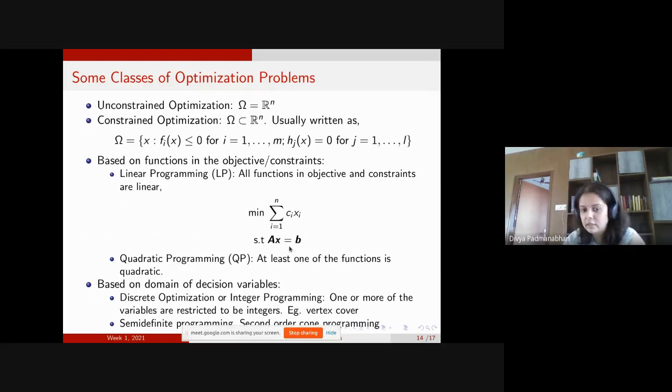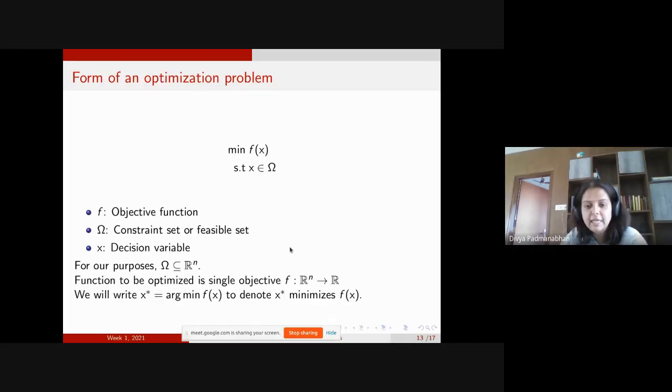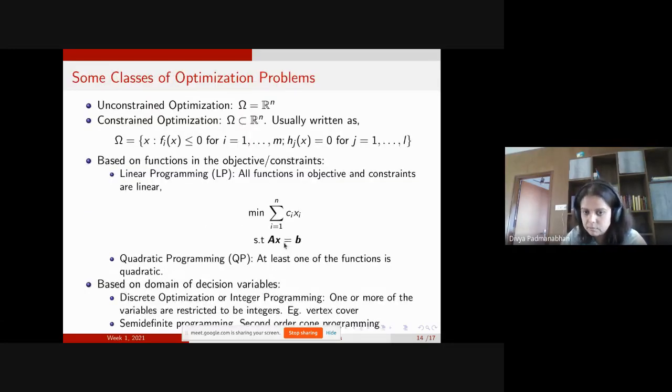So here you have several equations in x, and these equations are all linear. That's what a linear programming form is. Now a quadratic programming form is where at least one of the functions is quadratic. What we saw, like the max flow example, that was a linear program. Okay.